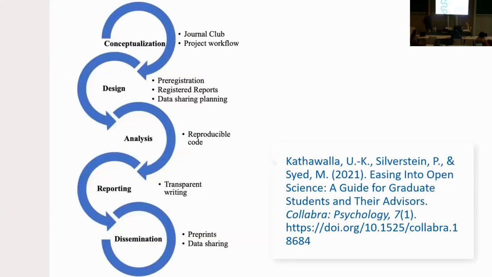Finally, it can look daunting to approach your work in an open science kind of way. This is a nice paper by Kathawalla and others, Easing into Open Science, where each of those practices is graded in levels of difficulty.